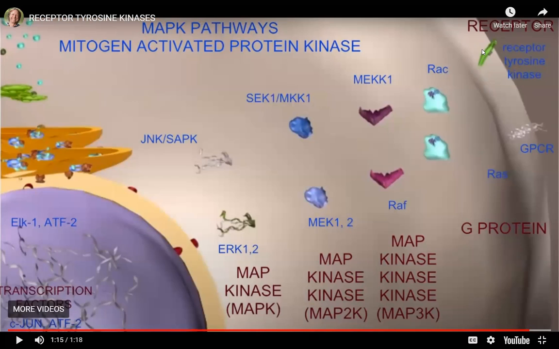The dimerization of this receptor tyrosine kinase takes place only in the presence of a signaling molecule, which causes a conformational change in its cytosolic domain, activating RAS proteins, which are the monomeric G proteins, activating RAF, MEK, MAP kinase, okay, mitogen-activated protein kinase proteins, and then the JAK-STAT pathway or JNK pathway could be activated, which can move into the nucleus and could lead to a change in the transcription level of certain genes.